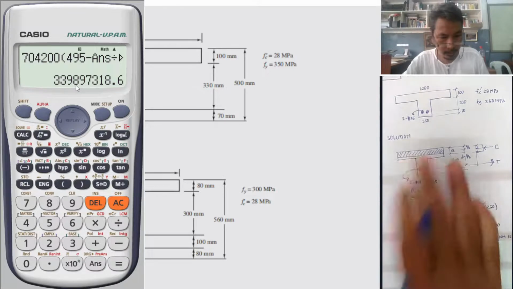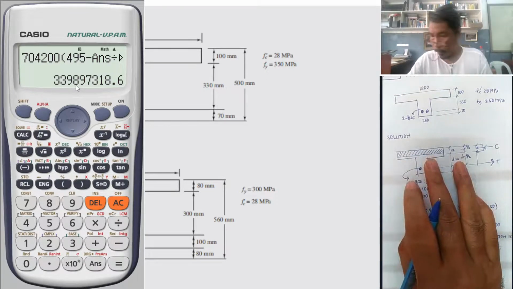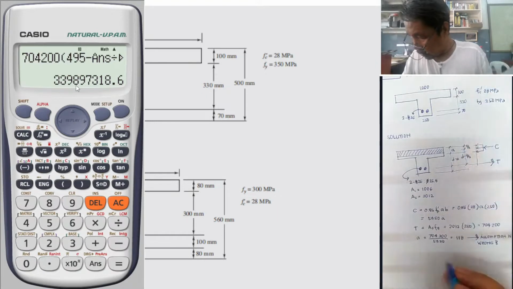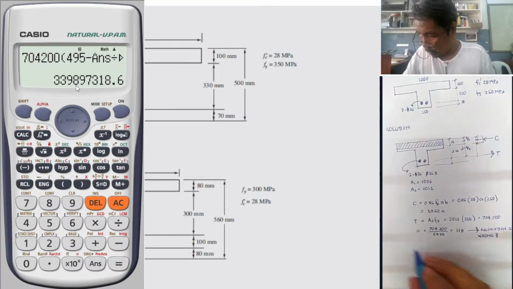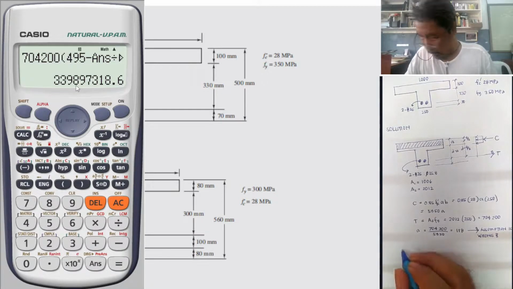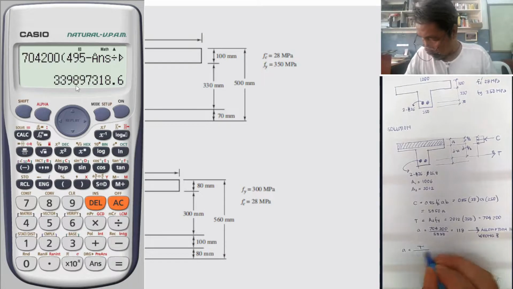So this is T. So d is 430. So our correct Mn. So our correct value of a is T over 28,560, which is equal to 24.7 mm.